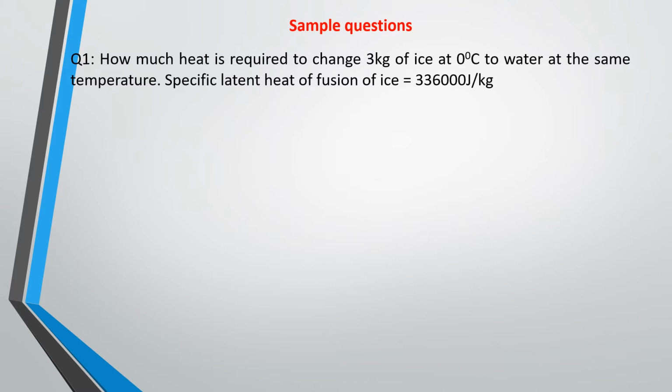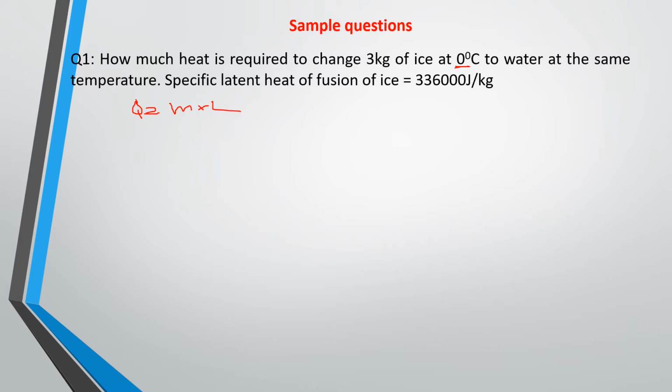Okay, so for this particular question, you are given the mass of ice, and we know when we discuss latent heat that the ice will be melting at a constant temperature, so temperature does not change. Is that okay? So we had that quantity of heat is equals to mass times latent heat.